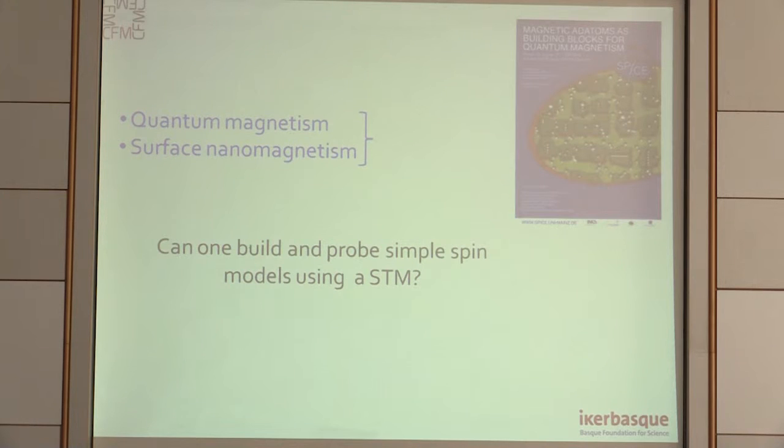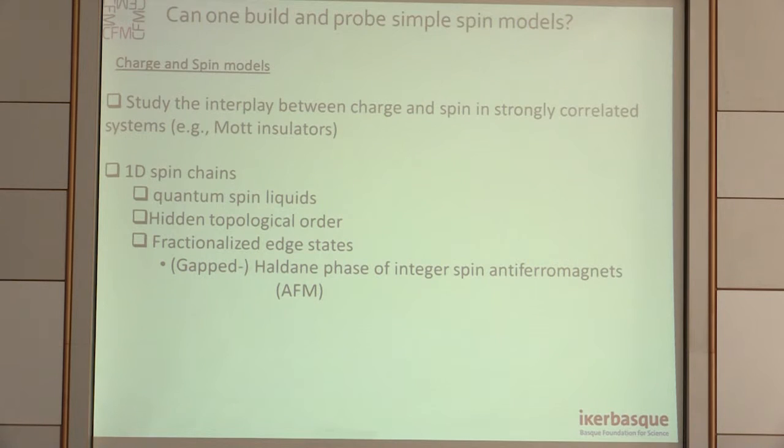So I think it's quite pertinent to ask the question, can one actually build and probe simple spin models using these magnetic atoms? And I think it's worthy also to consider why study these models.